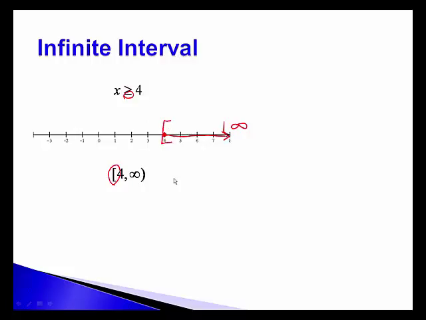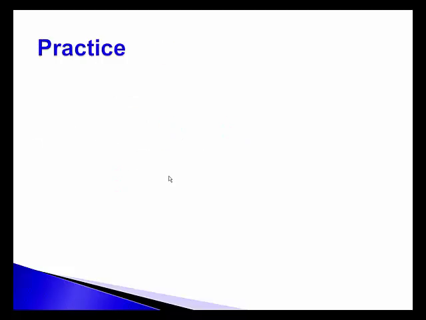Let me now give you an infinite interval to do. Try this one first, graph it, then write it in interval notation, and then come back and check. We would have a solid circle at positive 1. We would shade to the left since it is less than, infinitely far, in the direction of negative infinity.